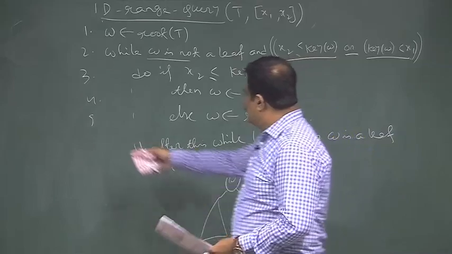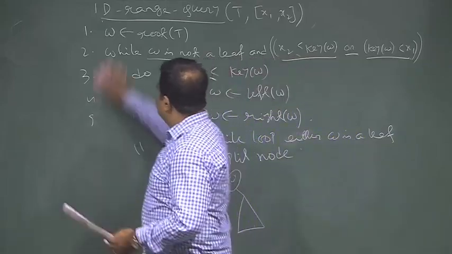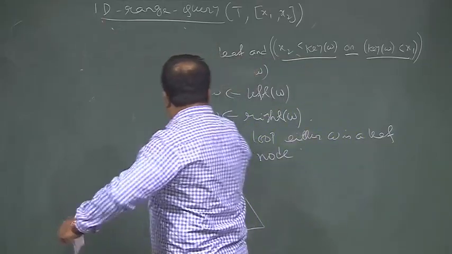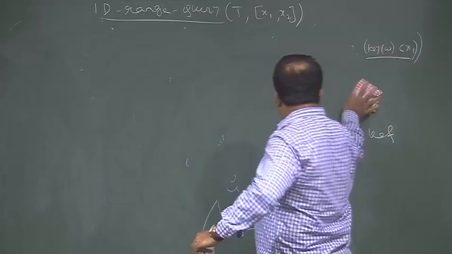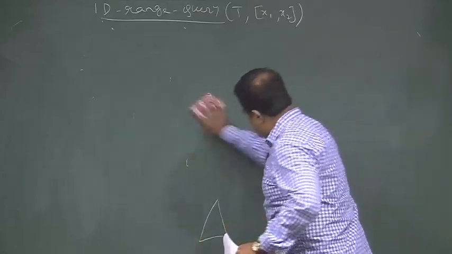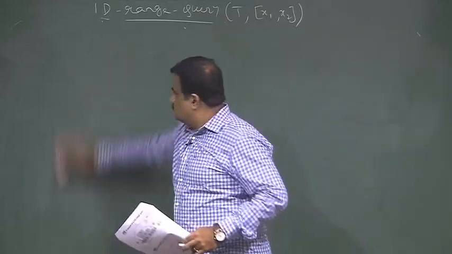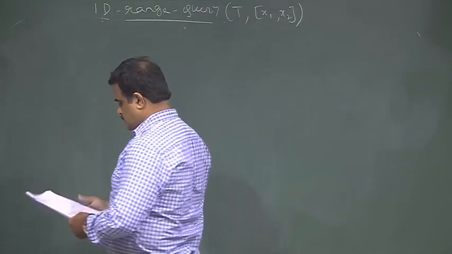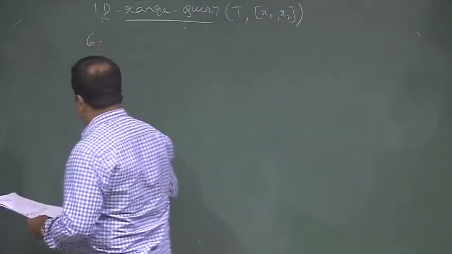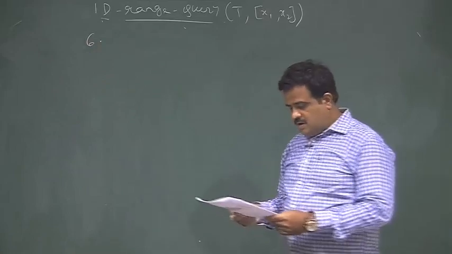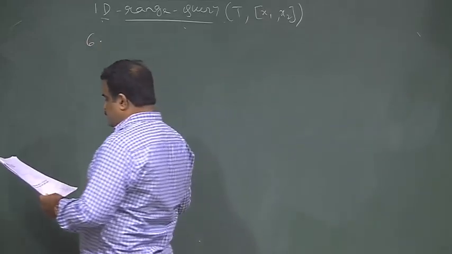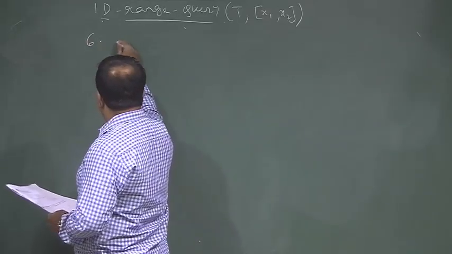This is 5, then we have a 6 over here. I am just deleting this. We got the split node, say. So this will be 6, after that 5. Okay, so that means w is a split node.